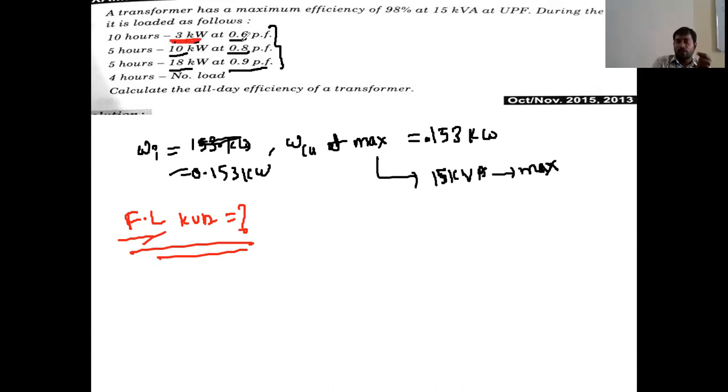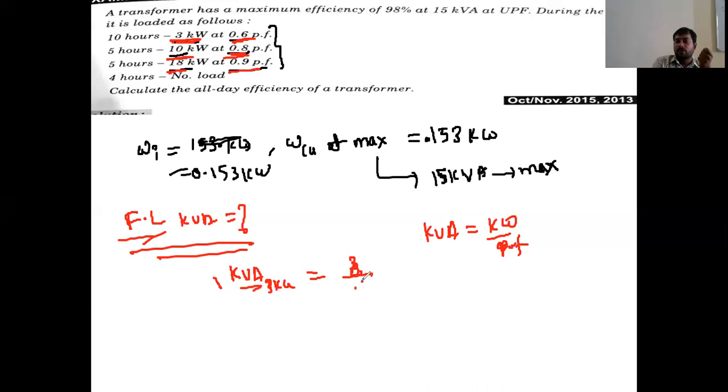Here we have 3 kilowatts at 0.6 power factor, 10 kilowatts at 0.8 power factor, and 18 kilowatts at 0.9 power factor. Using these data, we can find the kVA, since kVA is equal to kW by power factor.